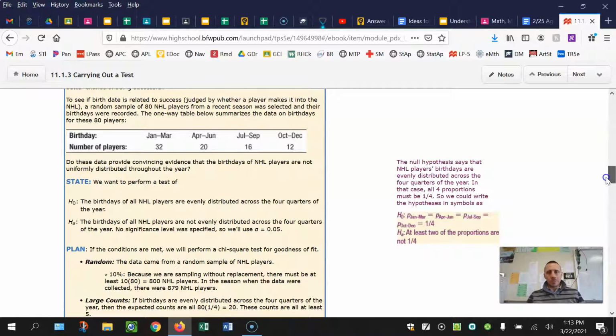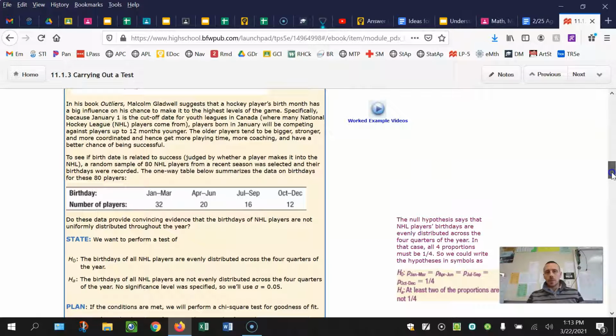Okay, so if I run through this example, this is actually an example in the lesson. Is there evidence that the birthdays of NHL players are not uniformly distributed throughout the year? If you remember that term uniform, that means equally likely. So the evidence is for the alternative.